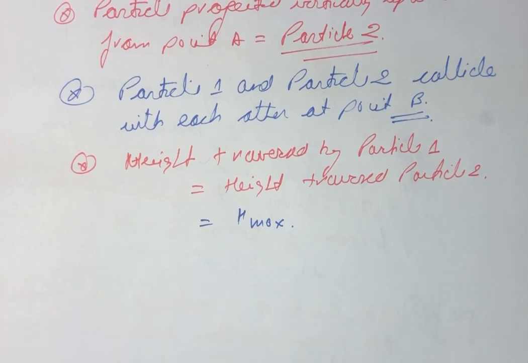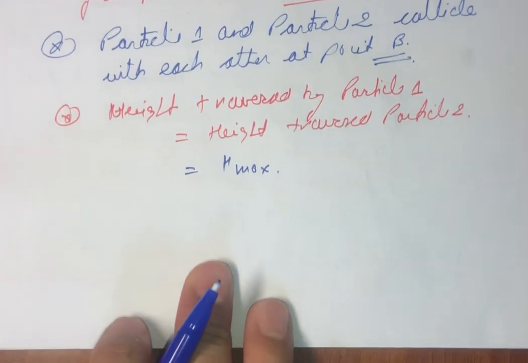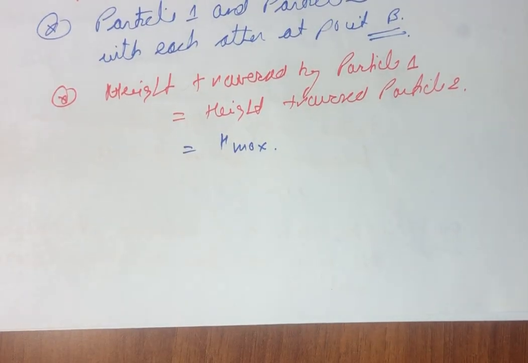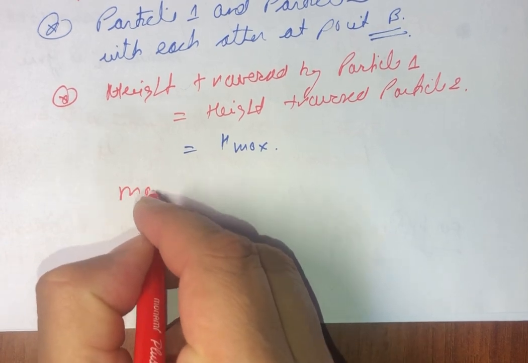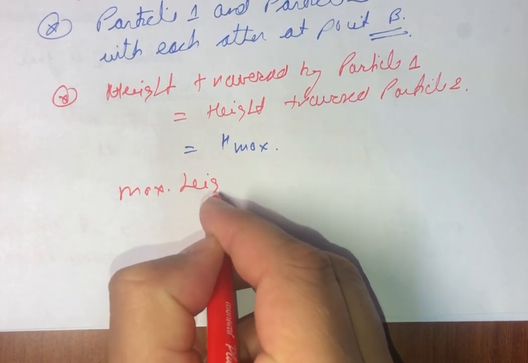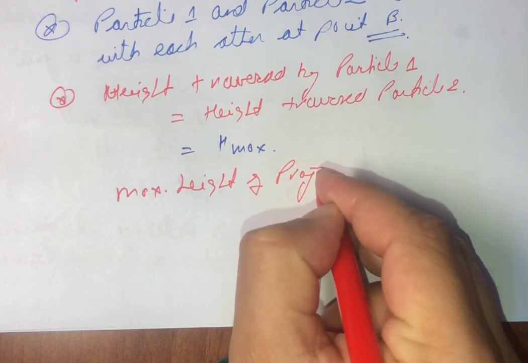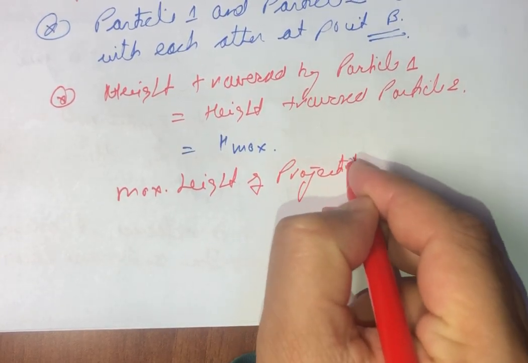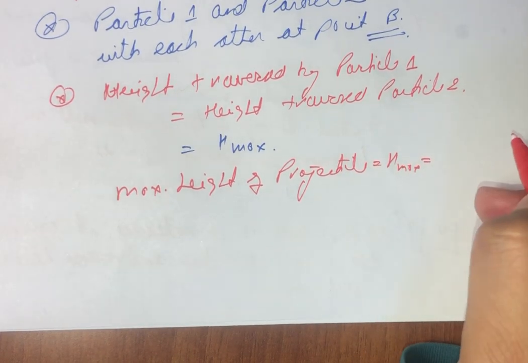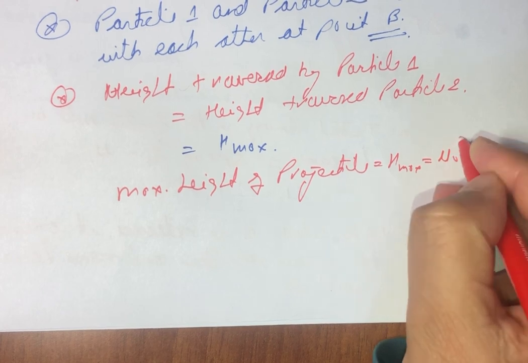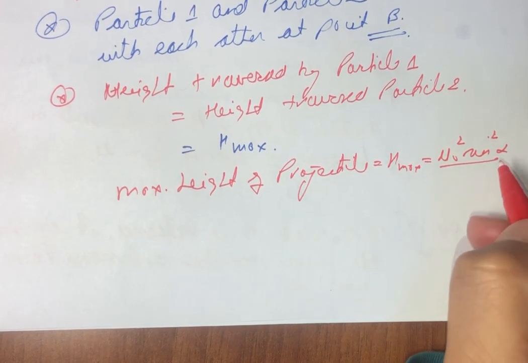And we know that the maximum height of the projectile, which is given as h max, is equal to u naught square sine square alpha divided by 2g.